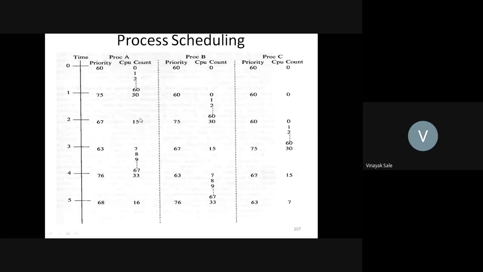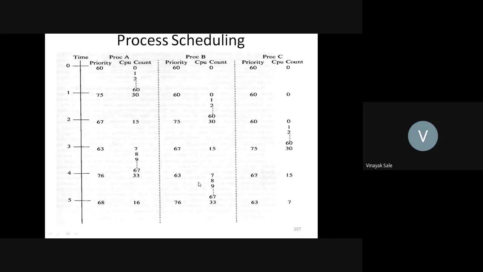After execution of process C, the delay time is 7 seconds. So it executes from 7, for a total of 67, and the delay time is 67 divided by 2, which is 33.